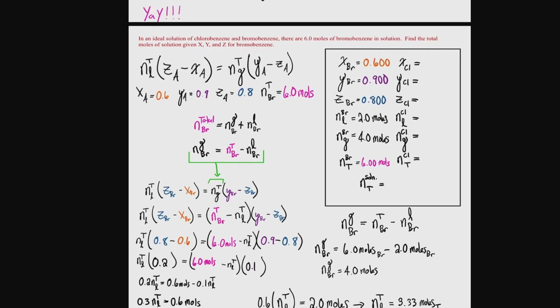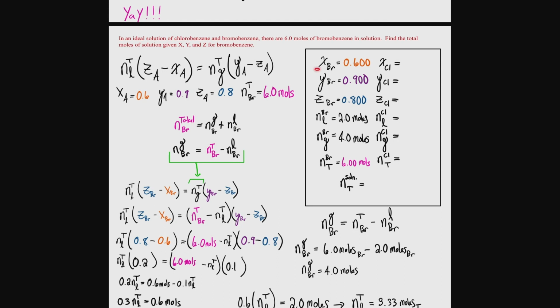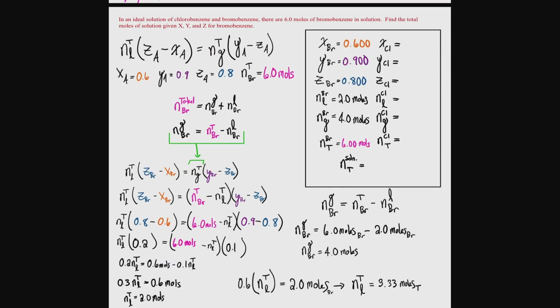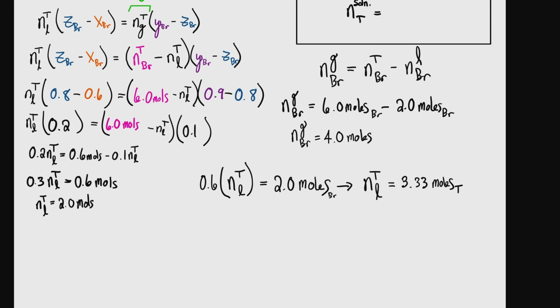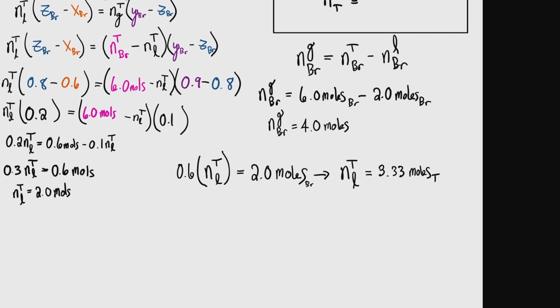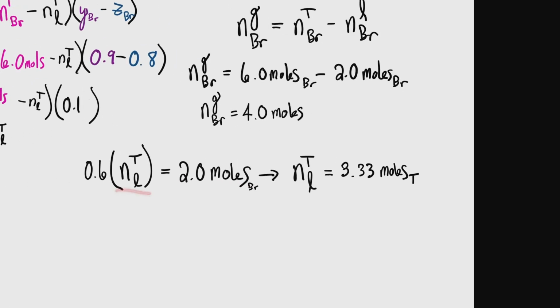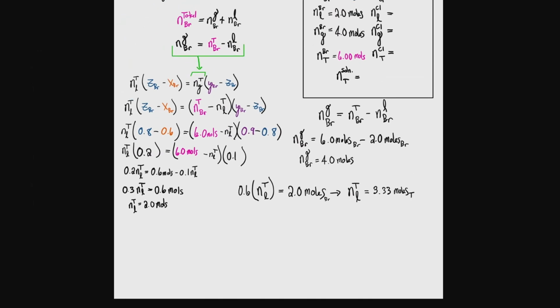So we have the liquid mole fraction for bromobenzene equals 0.6. That means that 60% of the total liquid is bromobenzene. So we can put it in: 60% of the total liquid equals bromobenzene. Okay? We can rearrange and solve for the total moles of liquid, and we get the total moles of liquid of solution is 3.33.